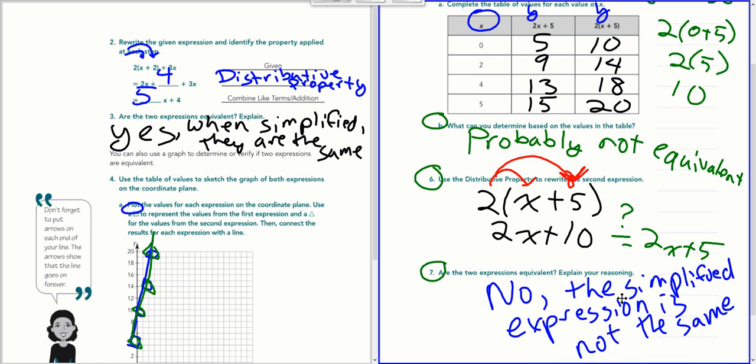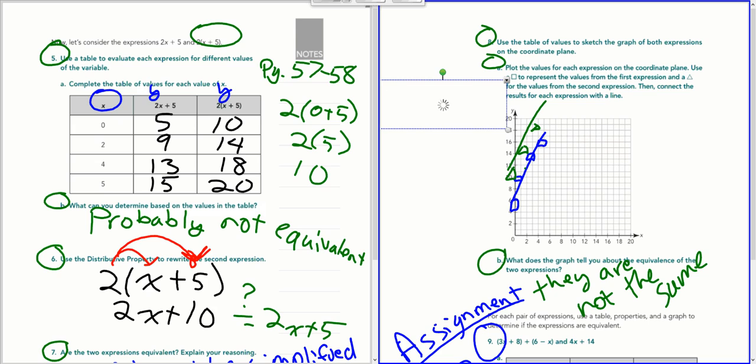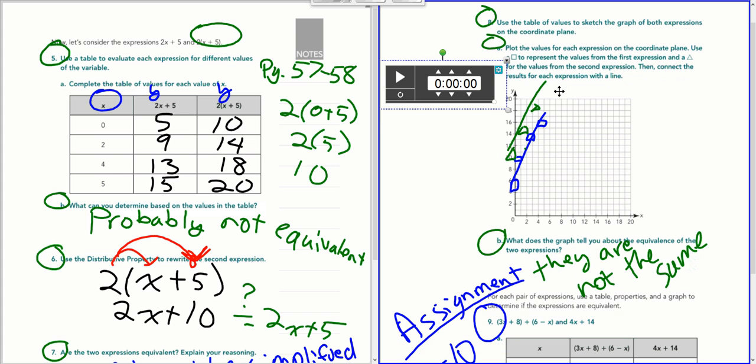So no, the simplified expression is not the same as the other expression. Then, continuing on with our graph, we found that these two lines are not the same line. One's down here and one's up here. So this does not look like these two expressions are equivalent.